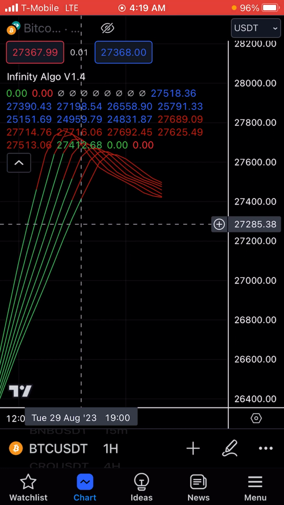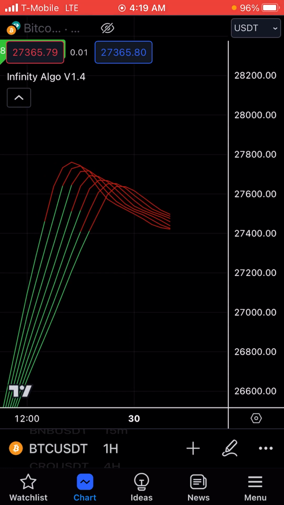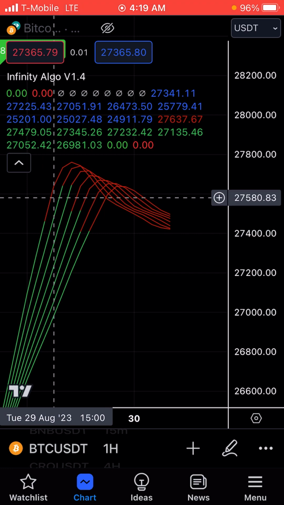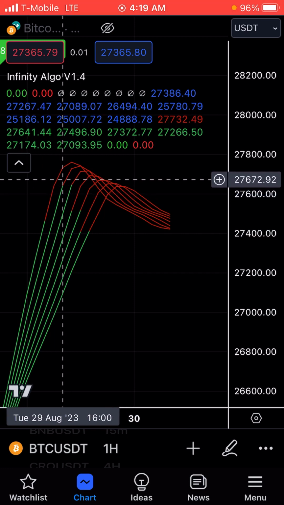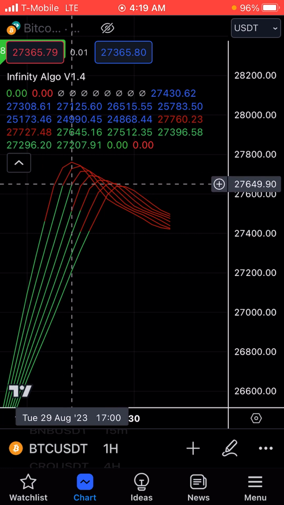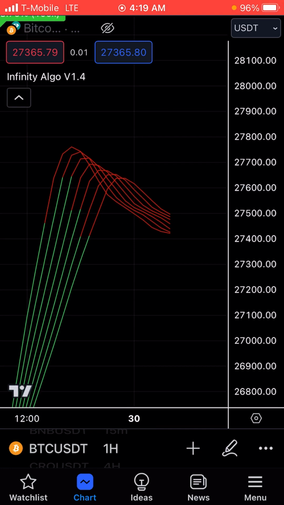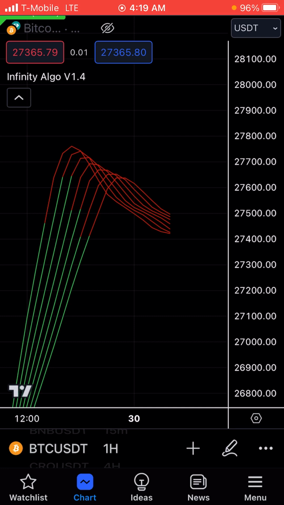What we can see with Bitcoin right here is it started to get weaker right around here, and then right around here you've seen all of them start to turn red. That would have been a good entry.